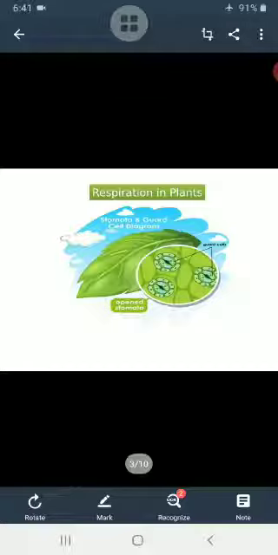Plants are living things. They also respire by taking in oxygen and giving out carbon dioxide. Plants do not have any organ for breathing. The exchange of oxygen and carbon dioxide takes place through small pores known as stomata present in the leaves and stem.